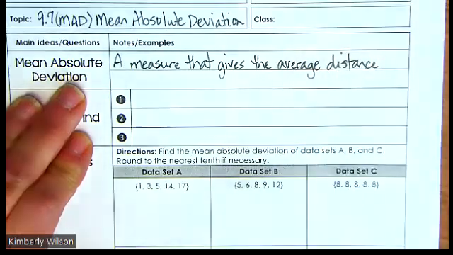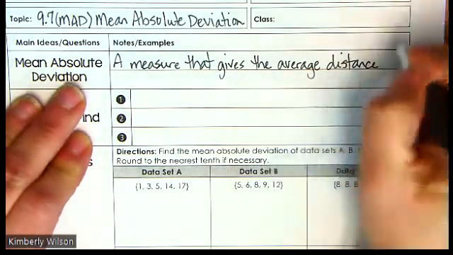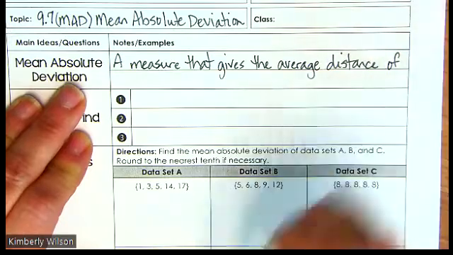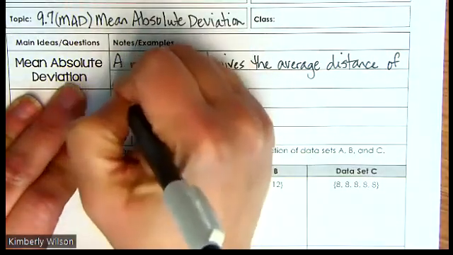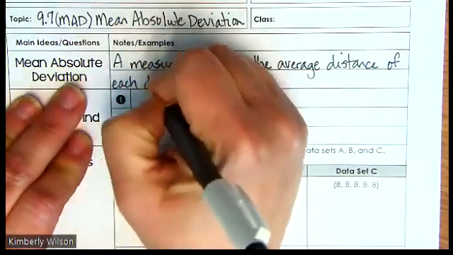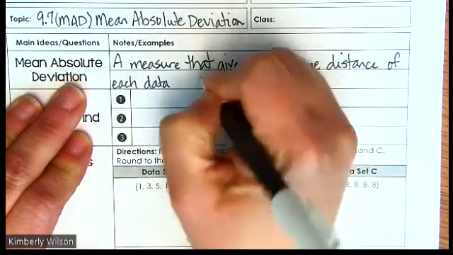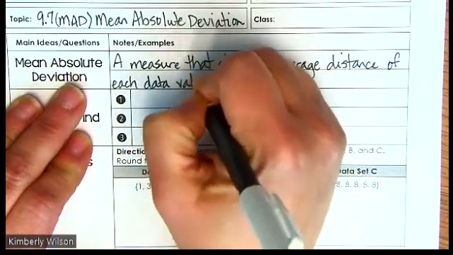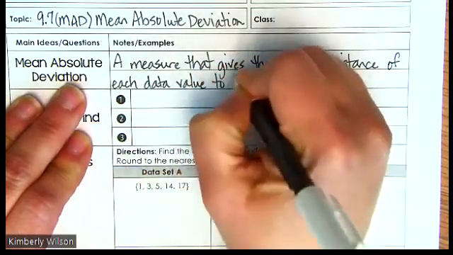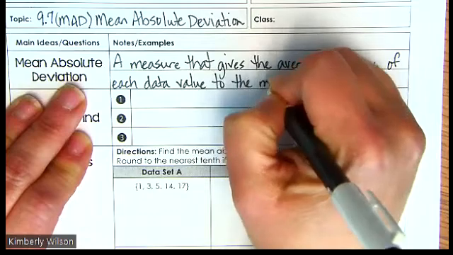Remember, we learned average is, we find the average the same way we find the mean. The average distance of each data value to the mean.